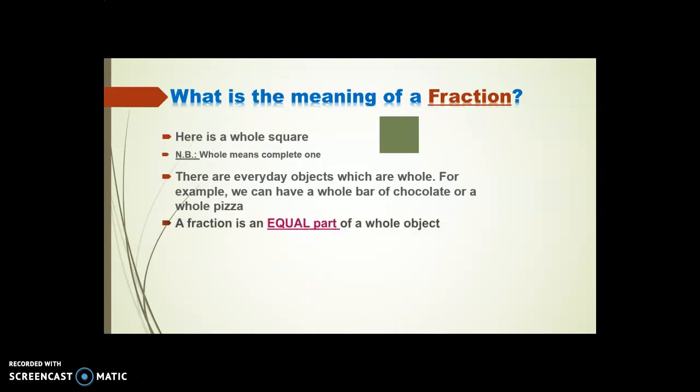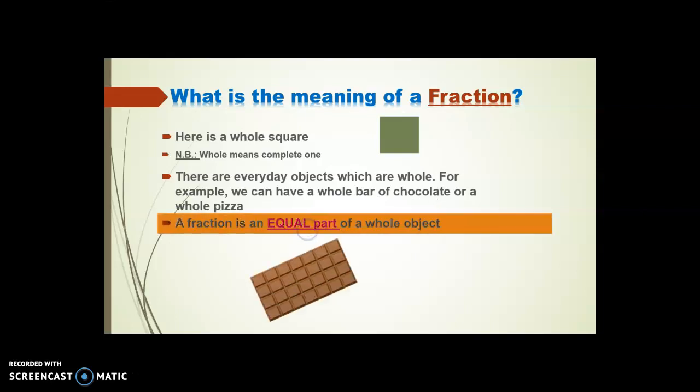A fraction is an equal part of a whole object. Here I have a whole bar of chocolate, and here I have one whole pizza, and I cut it into equal parts.